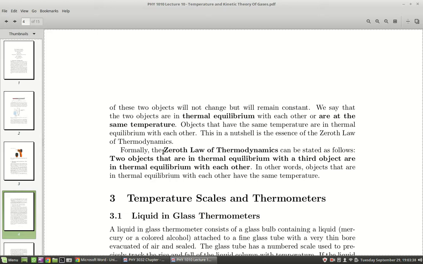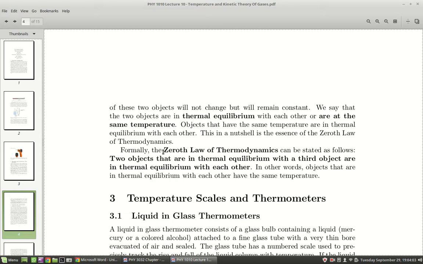Okay, so if you use a thermometer, which is the third object, to measure the temperature of one object, and you also use the same thermometer to measure the temperature of another object, and the temperature reading is the same, then two objects that are in thermal equilibrium with the third are in thermal equilibrium with each other.